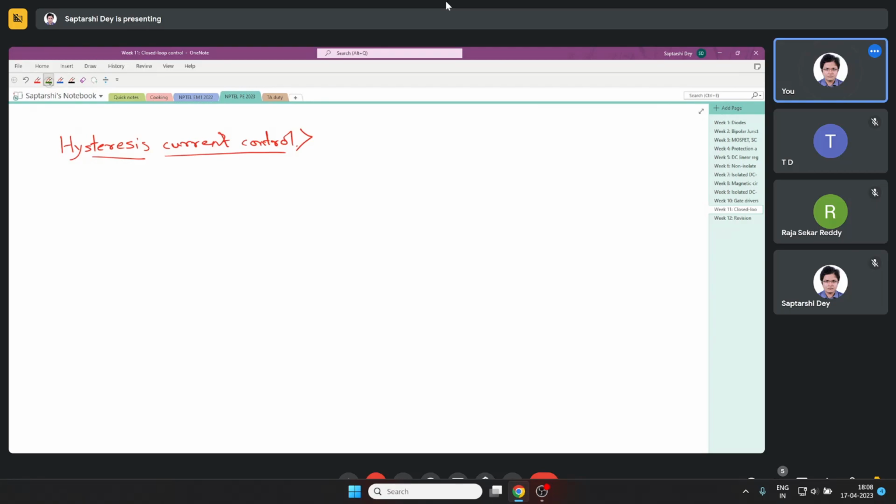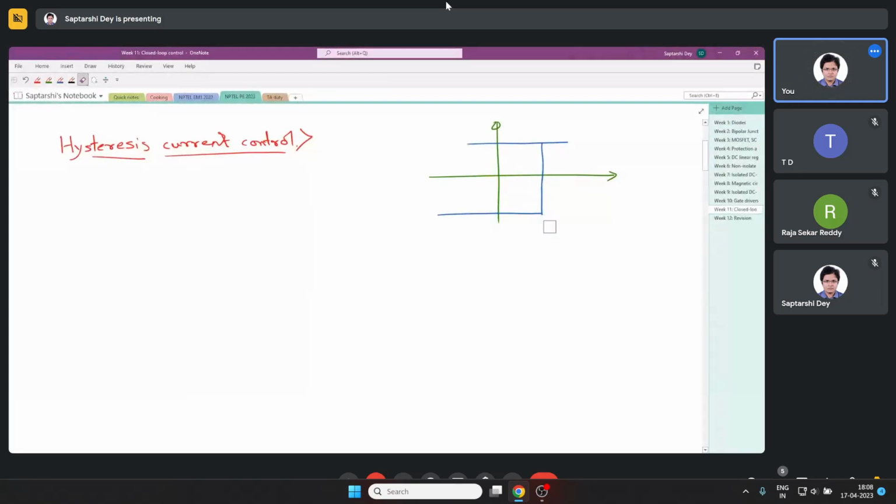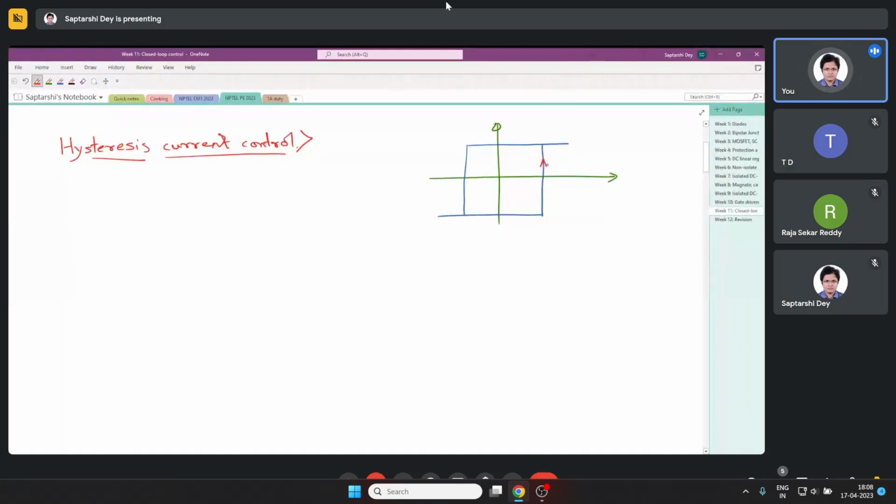Okay, so what is hysteresis control and why is this name given? We know the hysteresis loop looks like this. If I draw, say, a linear hysteresis, it is like this, right? Suppose I am coming up here and there is a limit.